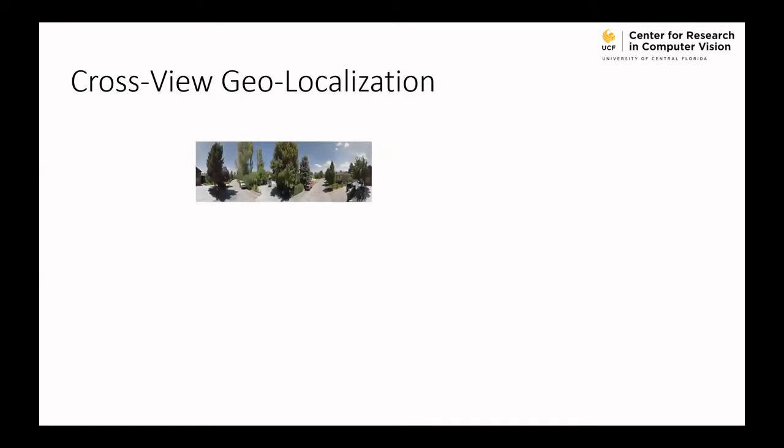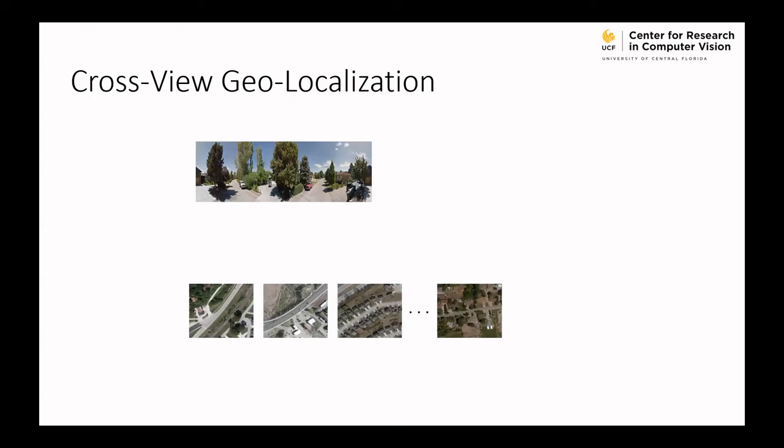So now what this paper solves is a cross-view geolocalization. So we have, say, ground view, this is a ground panorama, and we have the aerial view of the same area. So we want to automatically determine that this image matches with which one now. It's a pretty complex problem, even for humans.